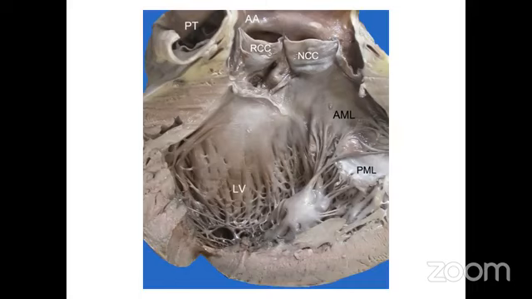Because sometimes we can even get closed perimembranous VSD. So here we see some kind of a depression of the membranous septum, and at the lower rim of this membranous septum we have an endocardial ridge which can give rise to a subaortic type of aortic stenosis.